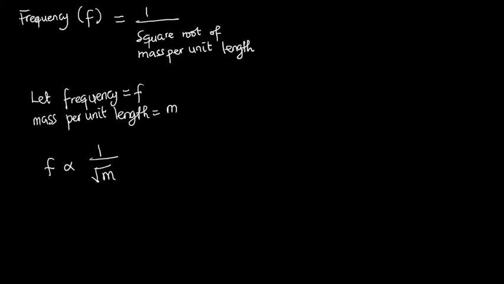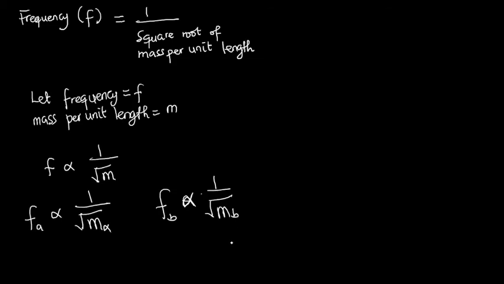So assuming we have two different strings, string A will have the frequency fA proportional to 1 over the square root of the mass per unit length of A. And then for the second string, we have the frequency of B proportional to 1 over the square root of the mass per unit length of B.